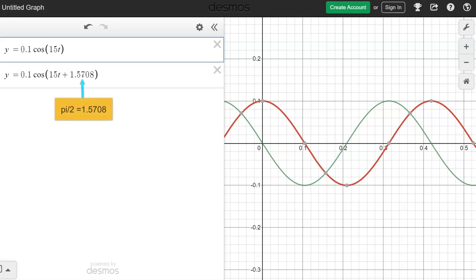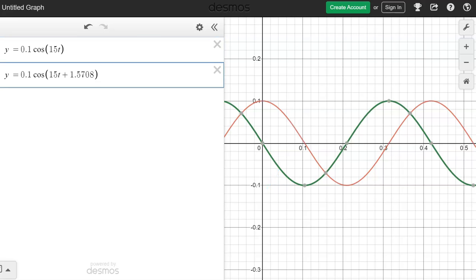And then here what I have is 1 plus 1.5708. That's equal to pi over 2. That's how much I wanted to shift it by. So that's this green line here. Notice that it does indeed start at the equilibrium position. So I did just end up shifting the red function to the left by adding in that phase angle.